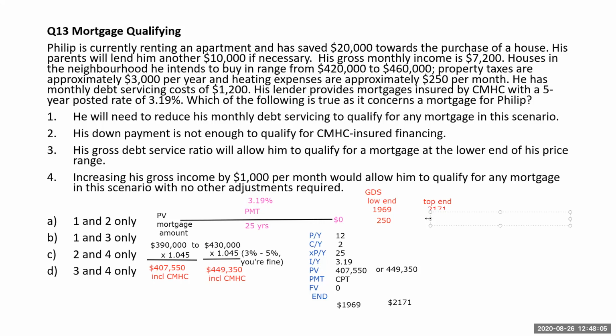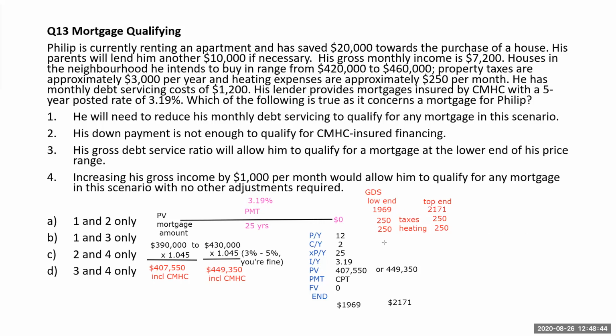But honestly, property taxes are almost always expressed annually, and heating costs are almost always expressed monthly. Is that a fair comment? Okay, yeah, we'll get there. We haven't got that far yet. Okay, I got $250 here, $250 here. So that's our taxes and heating. I wasn't trying to be confusing, but I thought if I write them in any way other than what people are used to seeing them, that's potentially confusing.